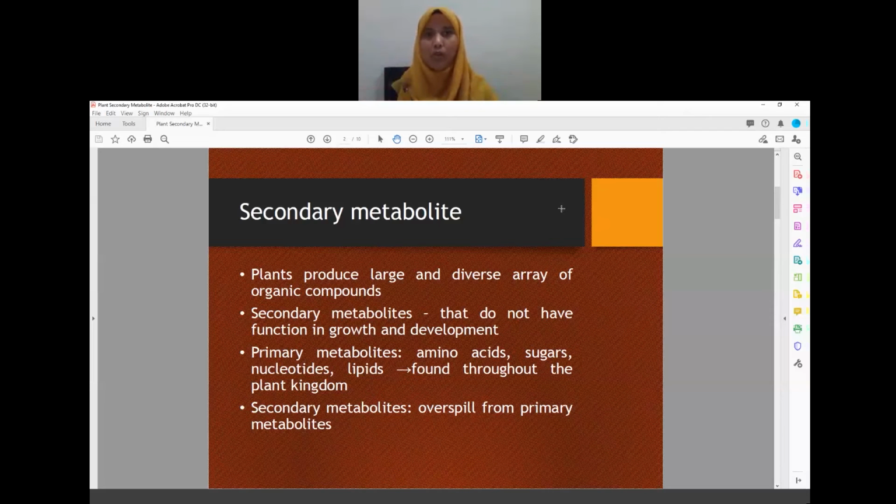Please search more about which nitrogenous bases are present in DNA and which in RNA. He is the one who discovered all these five. Since these compounds are less essential to the plant, we call them secondary metabolites.